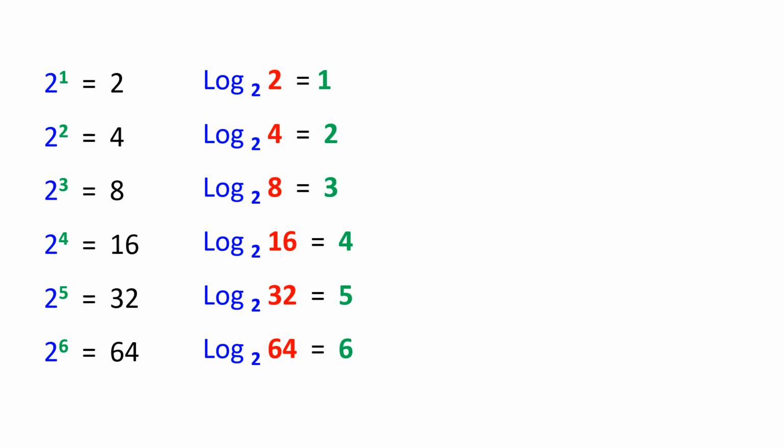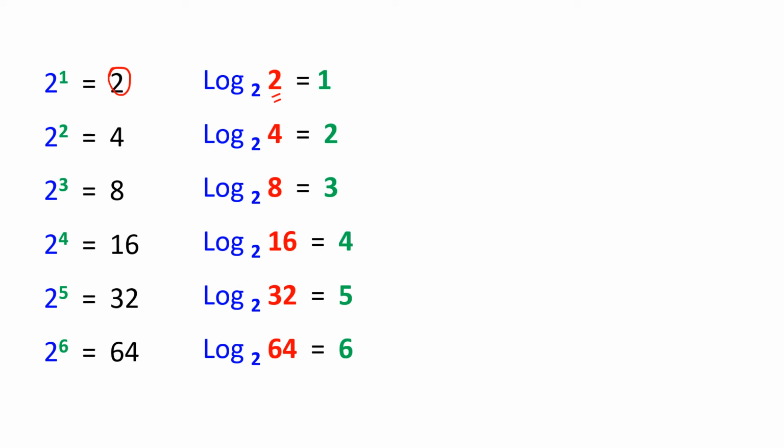Now, usually we're going to use log to the base 10, but we can also use a slightly different log value of log to the base 2, and that's when we're going to have 2 to the power of a certain number. So if we had 2 to the power 1, that would give us 2, 2 to the power 2 would give us 4, 2 to the power 3 would give us 8, etc. So if we use log to the base 2, we take that number, so log to the base 2 of 2 will give us 1.